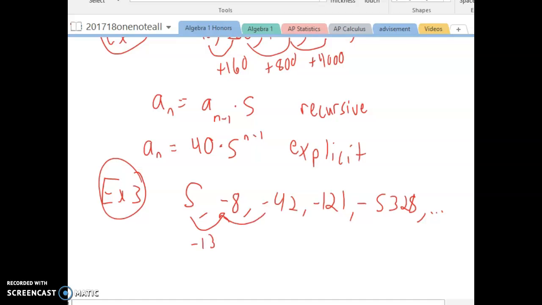How do we get from -8 to -42? Subtract 34, very good. How do we get from -42 to -121? Down 79. How do we get from -121 to -5,328? We go down 5,207.